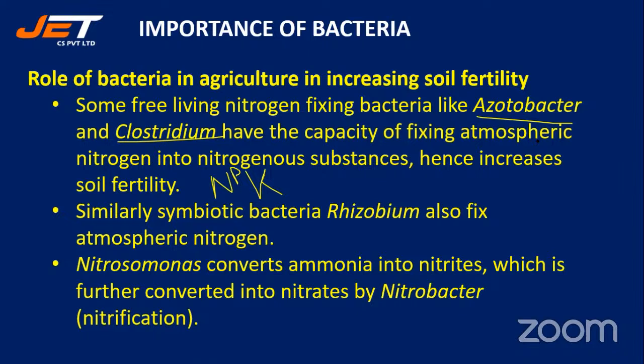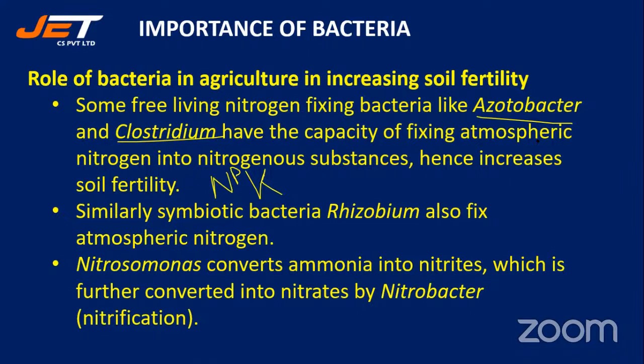And then they provide the fixed nitrogen to plants. So plants use this fixed nitrogen and grow, because plants need NPK like you need Complan to grow. Without that you are not growing. You are getting it now, so you will be growing. So that is how soil fertility is also increased by Azotobacter and Clostridium.